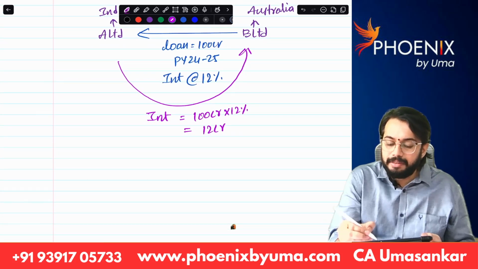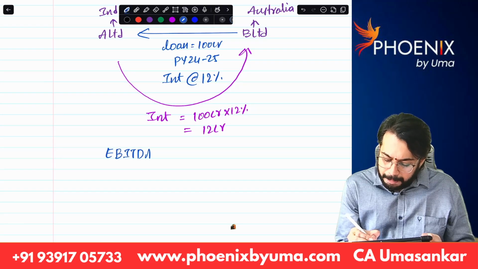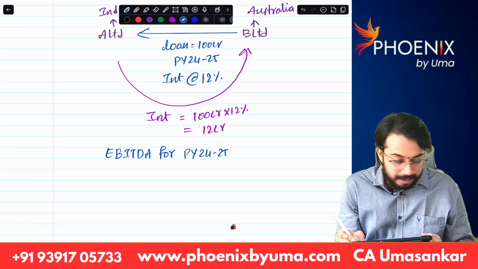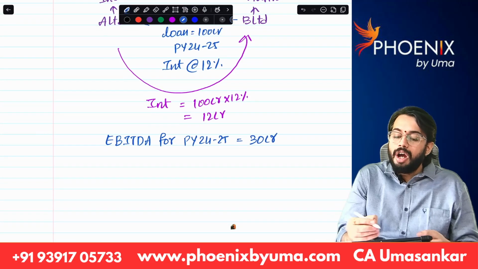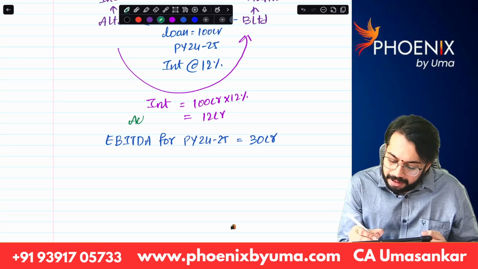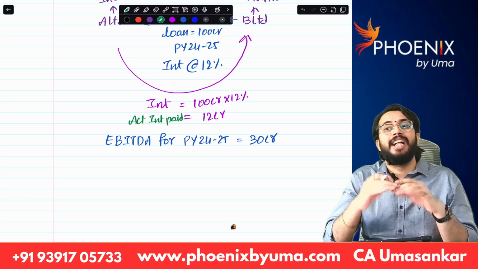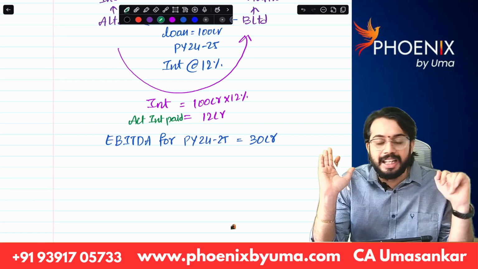For example, EBITDA, earnings before interest, tax, depreciation and amortization for 24-25 is 30 crores. Now how much is actual interest paid? Actual interest paid is 12 crores. Whether actual interest paid is allowed as deduction? Actual interest paid will not be allowed as deduction.